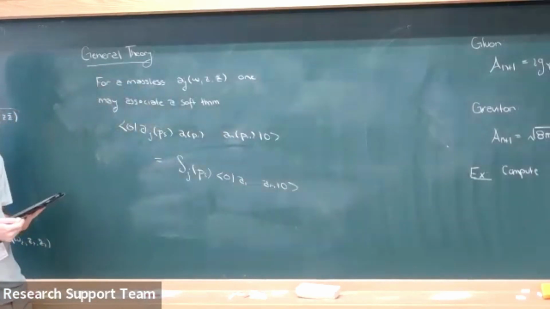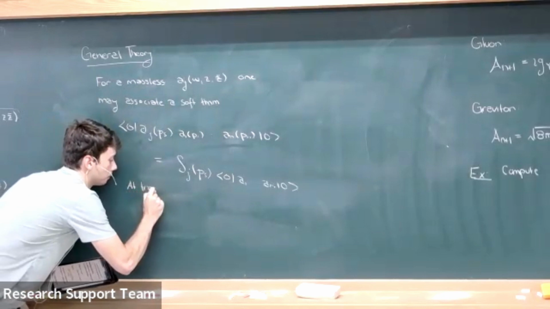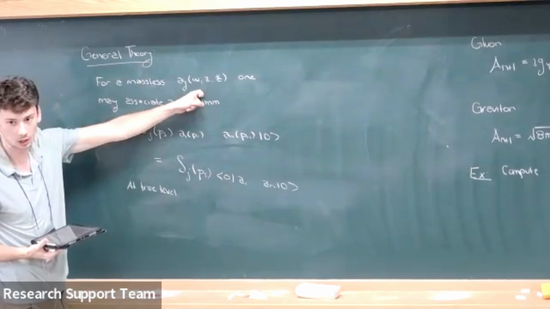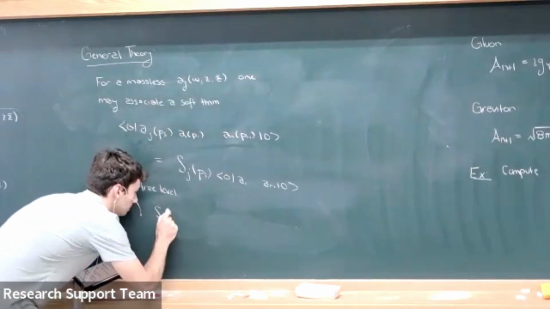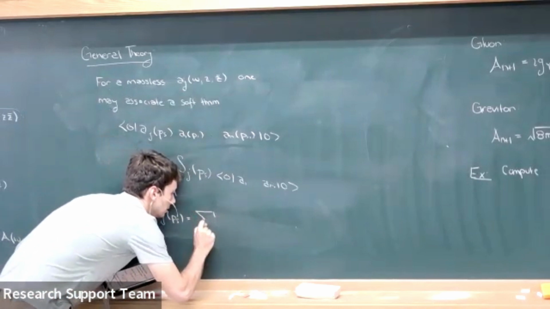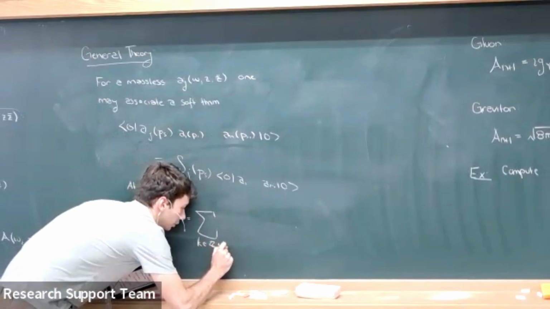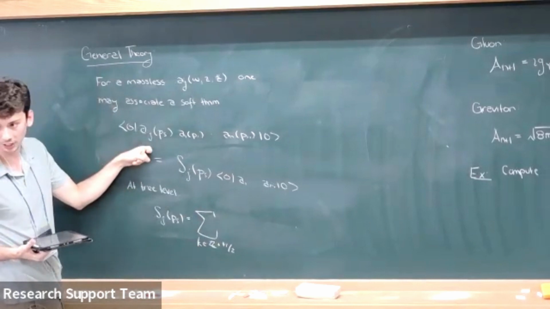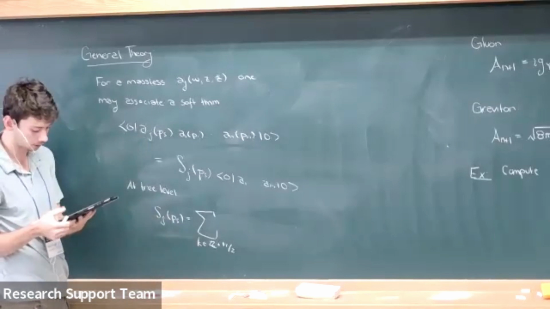Now at tree level, you can do a series expansion in this small omega. So you can write S_j as follows. You sum over these k's, which are either integers or half integers, depending on the helicity of particle j. So if j is a boson, then you're summing over integers. If j is a fermion, you're summing over half integers.